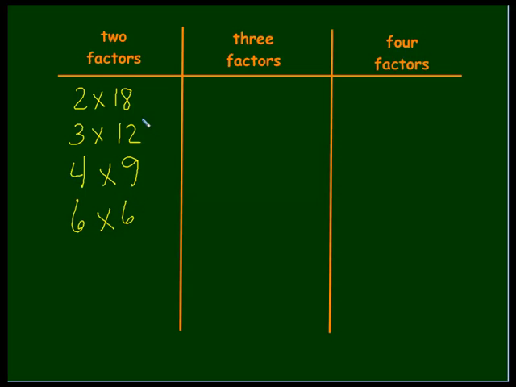Okay, so now we're going to look at these and see if we can break them down a little bit more. So I'm going to keep the 2 on this first one, and then I'm going to break down the 18 into 2 times 9, because I know that if I were to draw 18 dots, I could break that into 2 groups of 9 or 9 groups of 2.